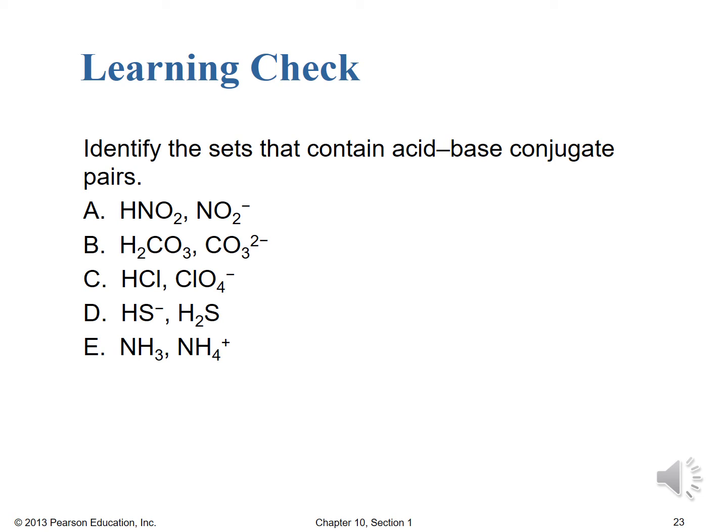If some do and some don't, select the ones that do. And remember, it has to be the acid and its conjugate base, or the base and its conjugate acid, not just anything that could be a conjugate acid or base. They've got to be a pair that goes together, so they should differ only by an H+. So select those, pause the video here while you make your selection, and start back up once I think you've identified all the sets that contain those conjugate acid-base pairs.